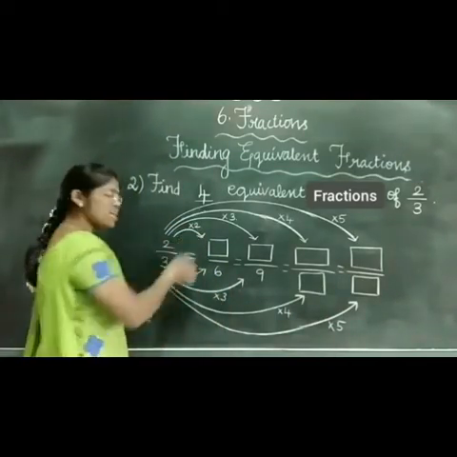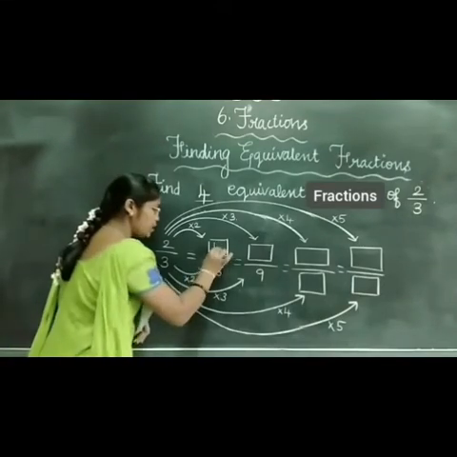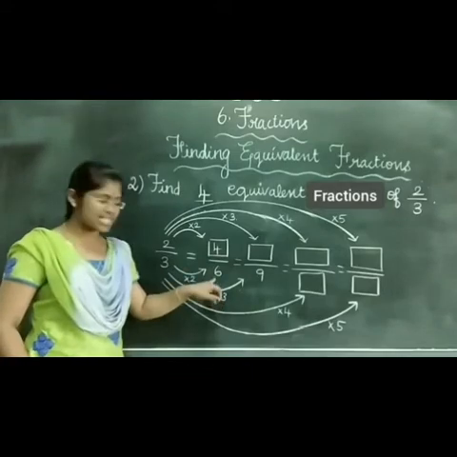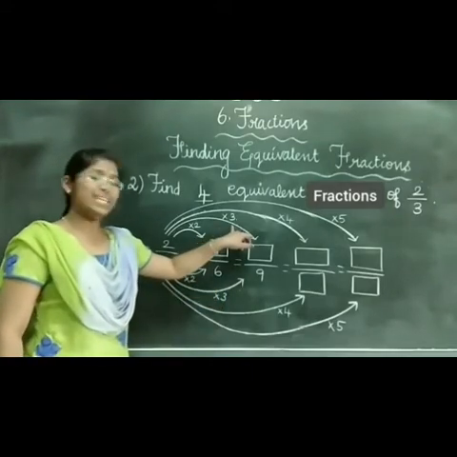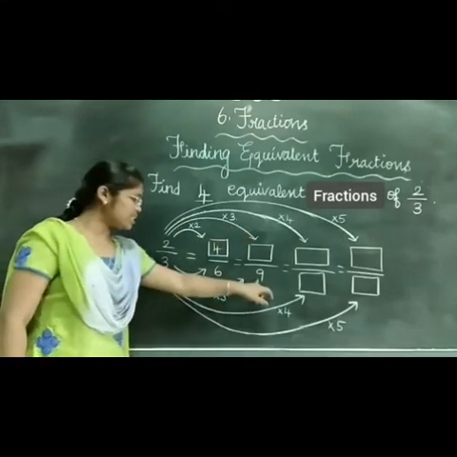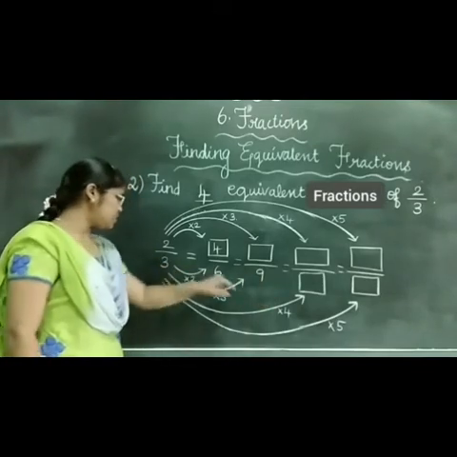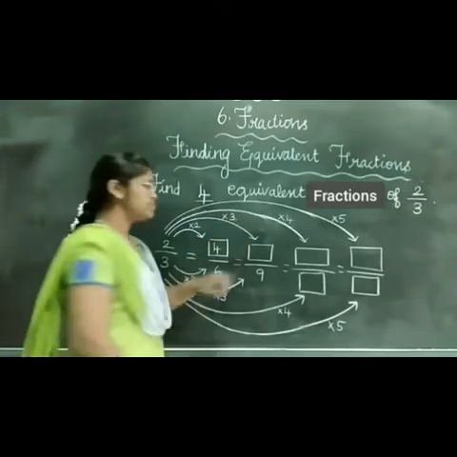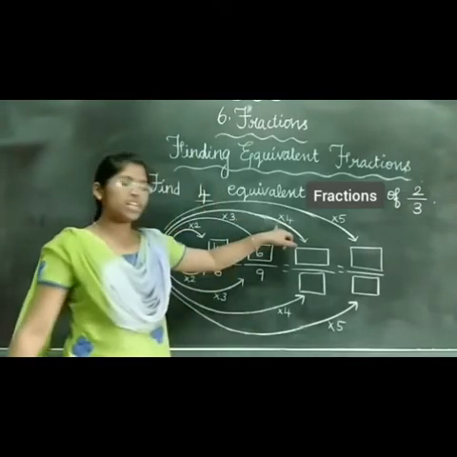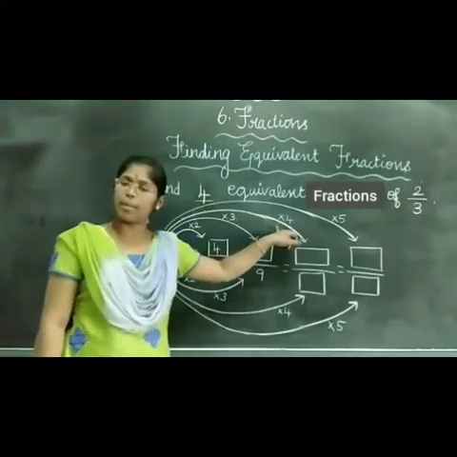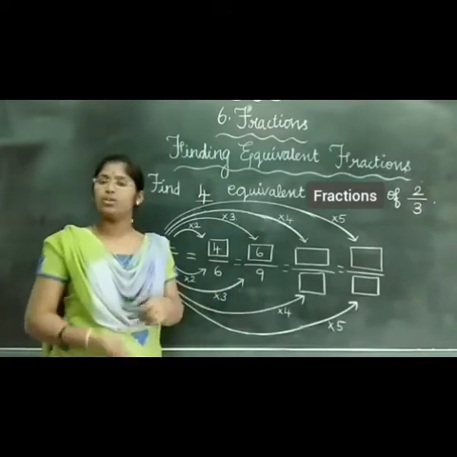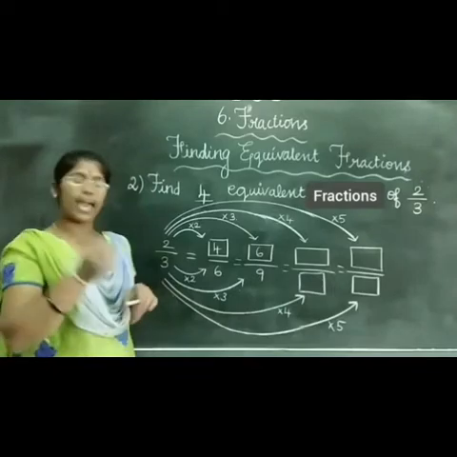Yes, 2 2s are 4 and 3 2s are 6. Yes, our answer is correct. Then by 3, 3 3s are 9 and 2 3s are 6. Then for the third one, we have to multiply by 4. Yes, 2 4s are? Yes, 8.